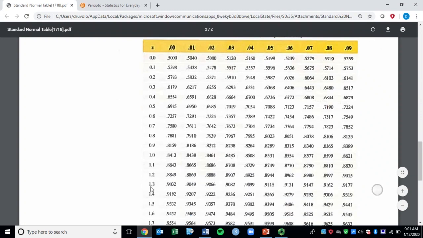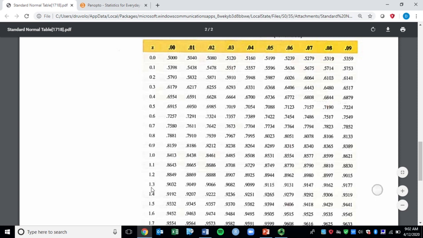So here's 1.3. Here's 0. So pay attention that 0 is the first one, and then the second one is actually 0.1, 0.2. Sometimes students look up the wrong value because they look up 0.1 and immediately go to the first column because they think the first column should be 1. Now the first column is going to be 0.